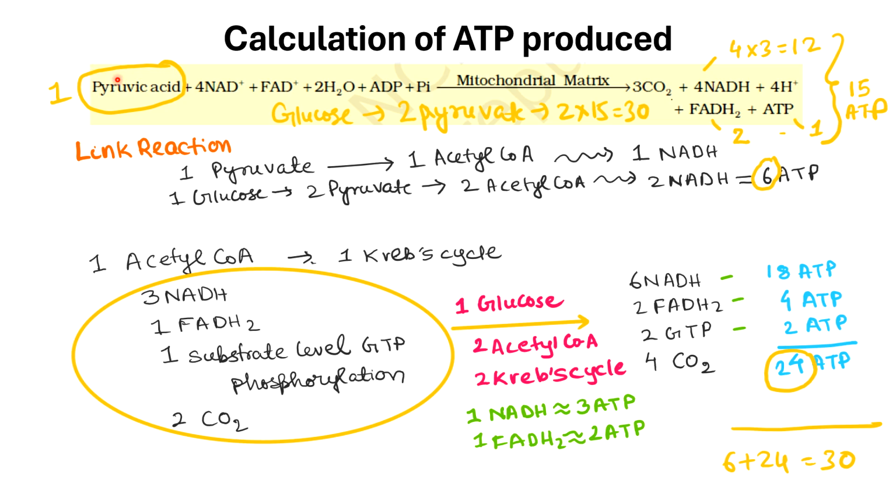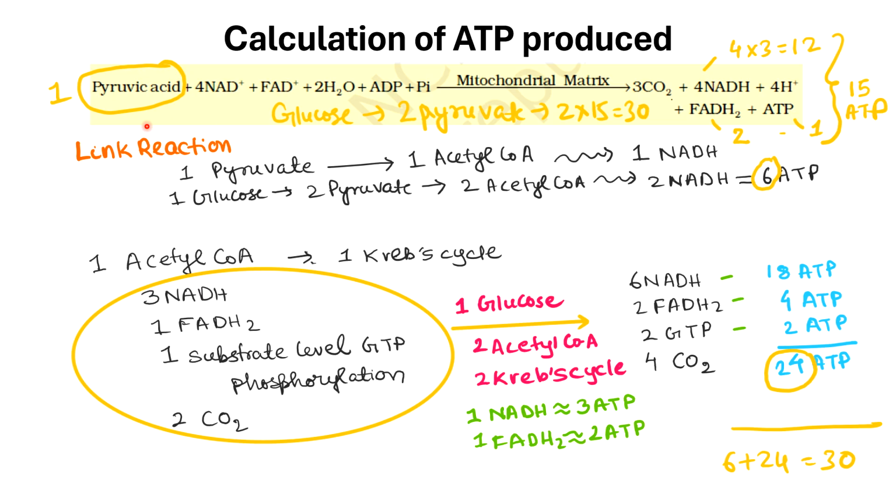Let us now calculate how many ATPs are produced in the link reaction as well as the Krebs cycle. We know that in glycolysis a single molecule of glucose forms two molecules of pyruvate.